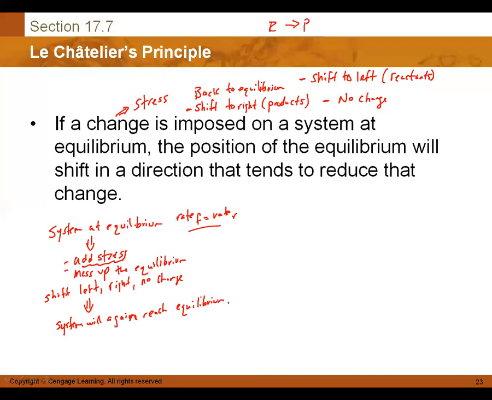Everything's good, they're at equilibrium, going back and forth at the same rate. You do something to it, it messes it up, and then you regain equilibrium by going to the left or the right.